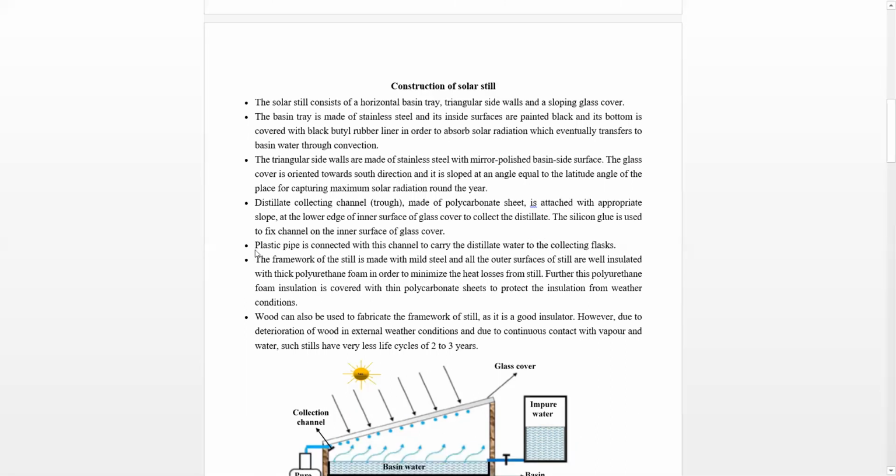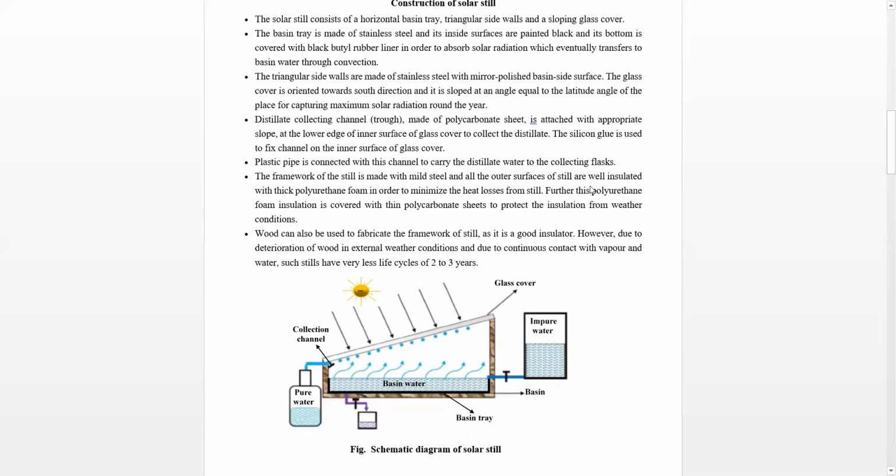The next bullet point is that a plastic pipe is connected with this channel to carry the distillate water to the collecting flask. From this collecting channel, a plastic pipe carries this pure water to the container, right? Now the framework of the still is made of mild steel, and all the outer surfaces are well insulated with thick polyurethane foam in order to minimize the heat losses.